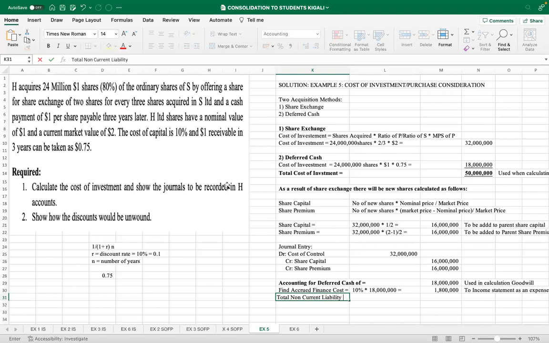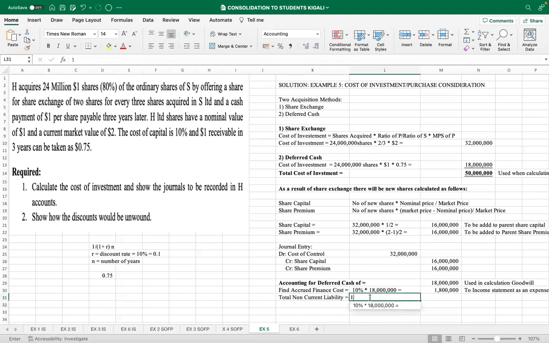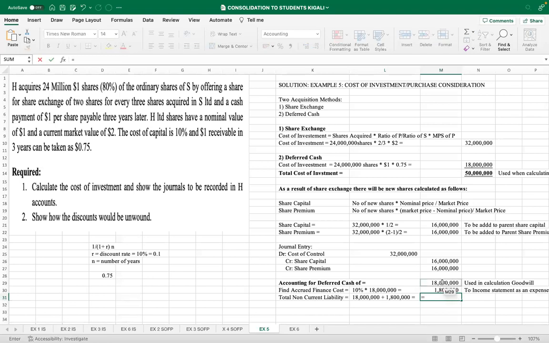The total non-current liability will be equal to deferred cash, which is 18 million, plus the interest. Interest is 1.8 million. So we have 18 plus 1.8.